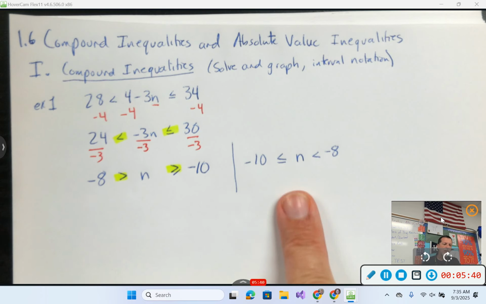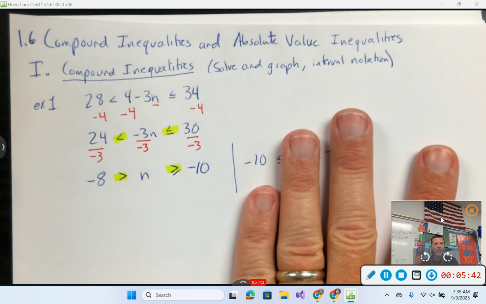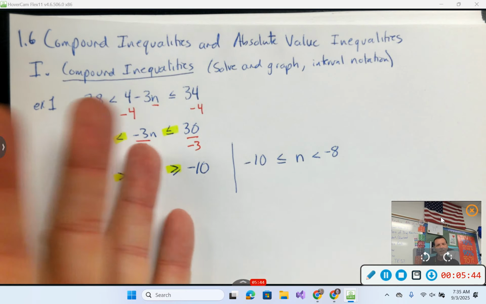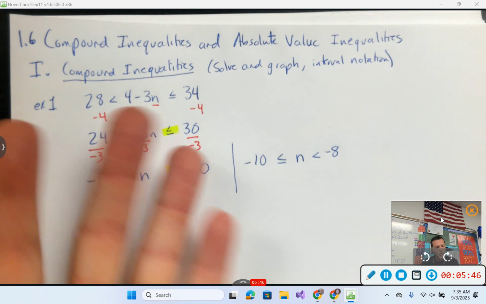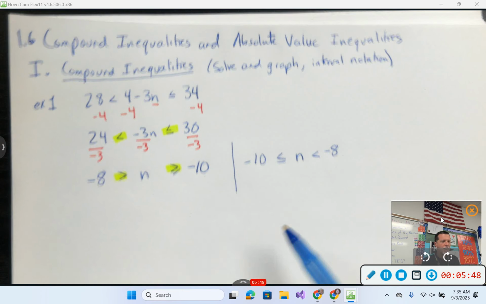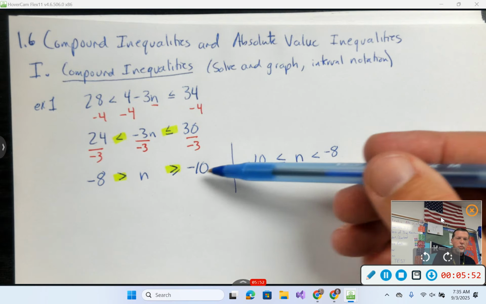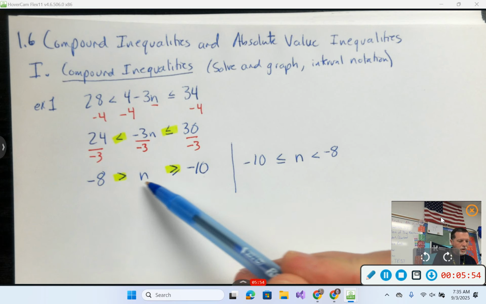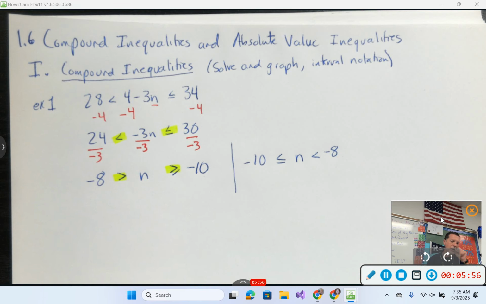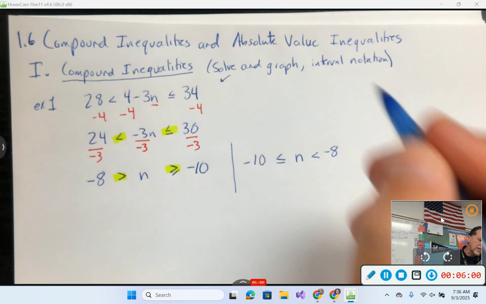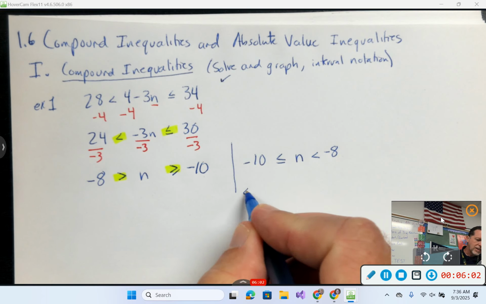And I put it right there because it kind of mirrors over. Some people see it visually, like in their brain, like reflect it over, and you get the mirror image of it. Other people just read it backwards. Negative 10 is smaller than or equal to n, which is smaller than negative 8. Okay, so we've solved it. Now let's graph it.